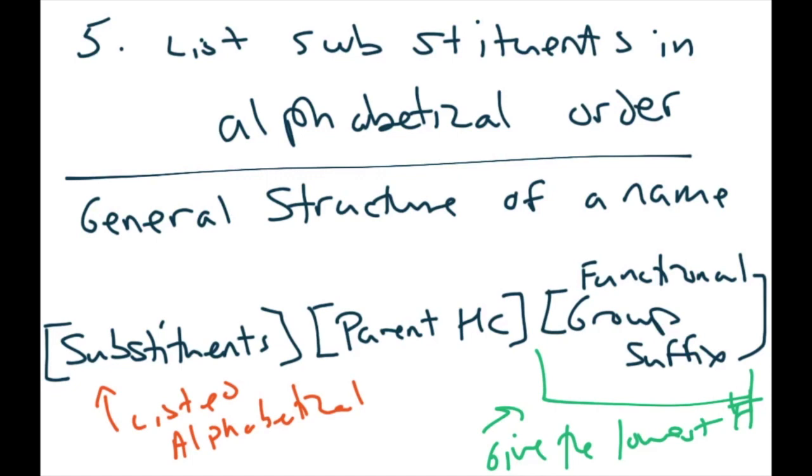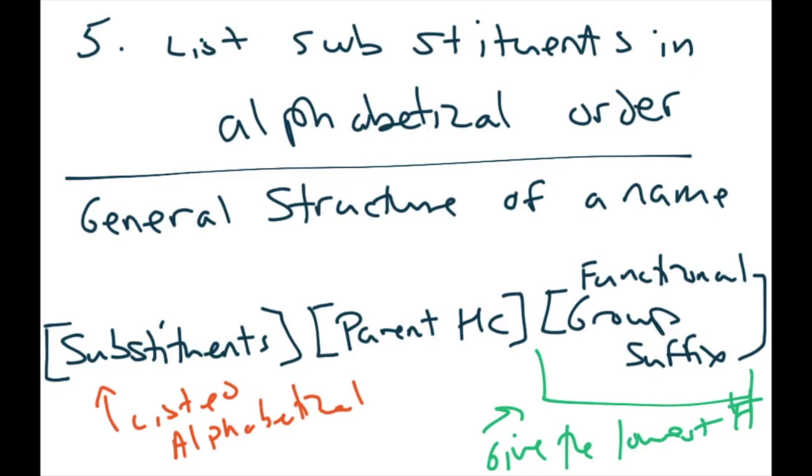So the functional group suffix gets priority in numbering to be the lowest, and then all your substituents get numbered. If there's no suffix, we just treat everything that we have on this left-hand side just like we would anything else.